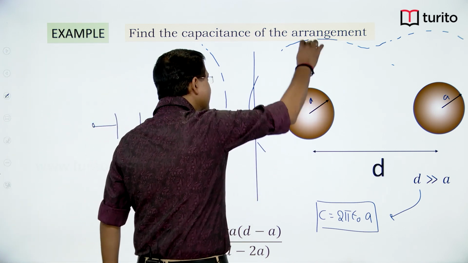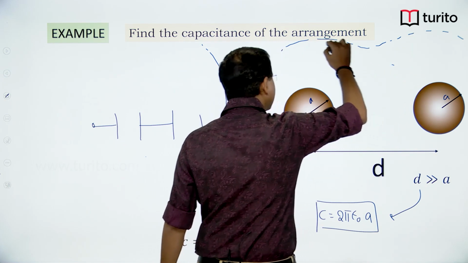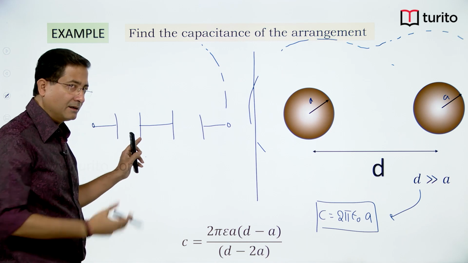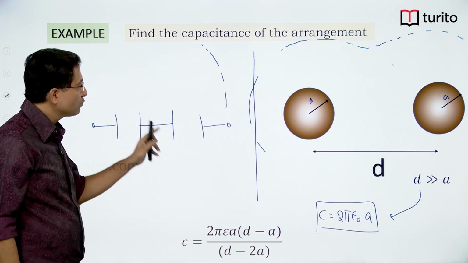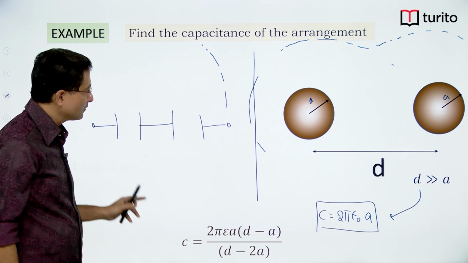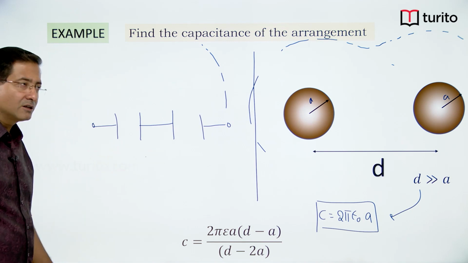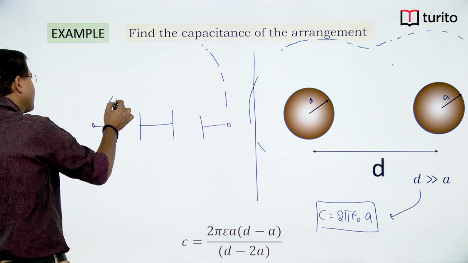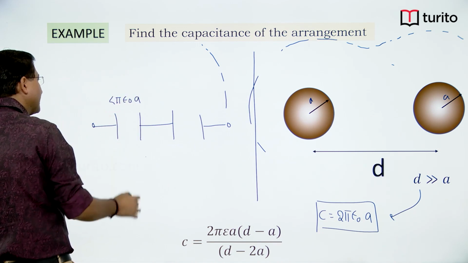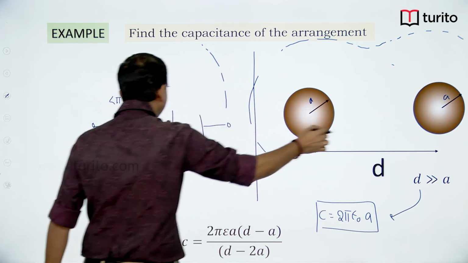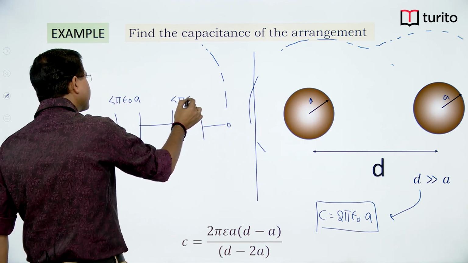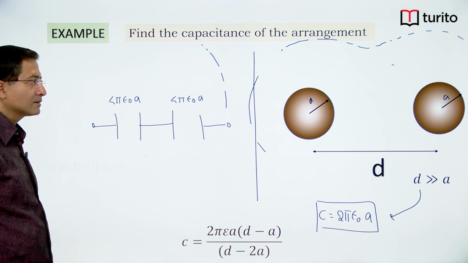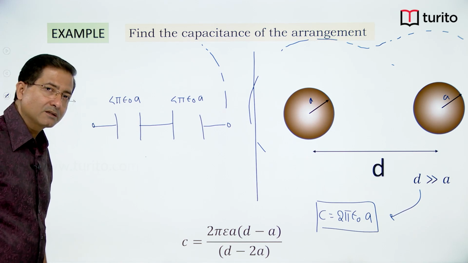They are at the same potential. Here I am having two capacitors whose one plates are connected directly. So, we are getting this combination in series combination. This isolated one will have capacitance 4 pi epsilon naught A and this isolated one will have capacitance 4 pi epsilon naught A, and when you connect these two in series, the formula is C1 C2 upon C1 plus C2.